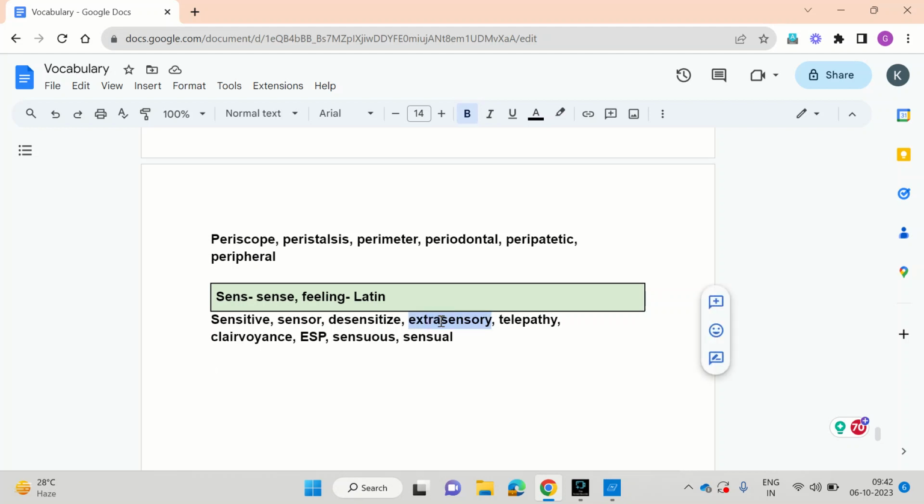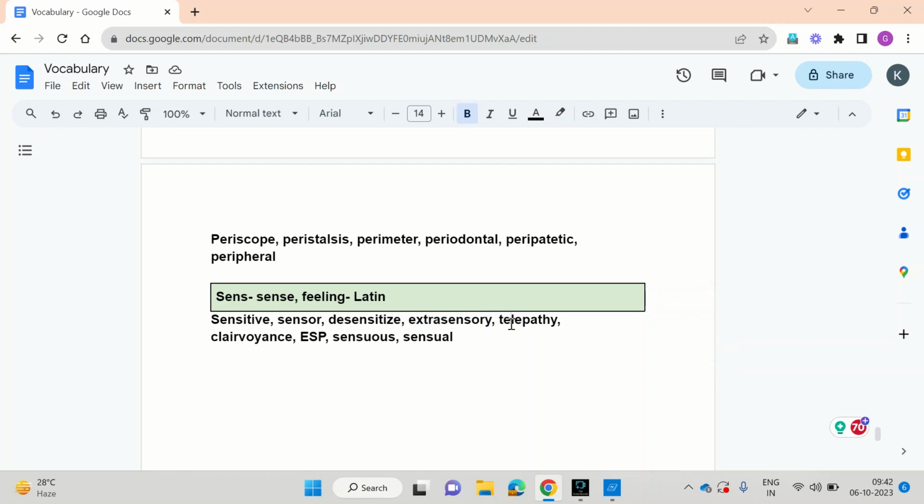Extrasensory. It is beyond senses, which otherwise you cannot see. Extrasensory perception, ESP, means you sense something beyond the normal senses. For example, telepathy is one such. What is telepathy?